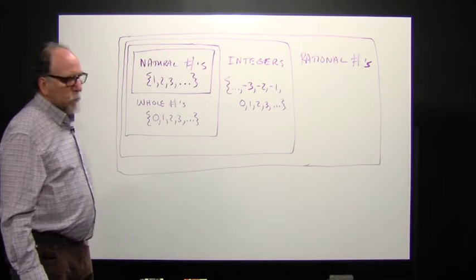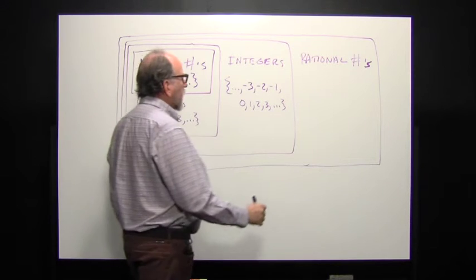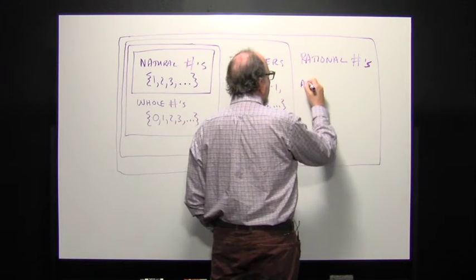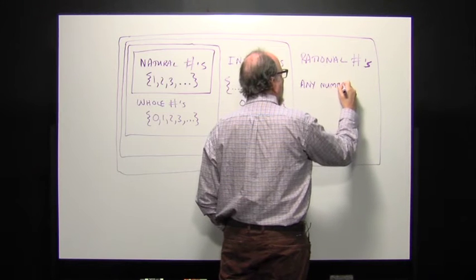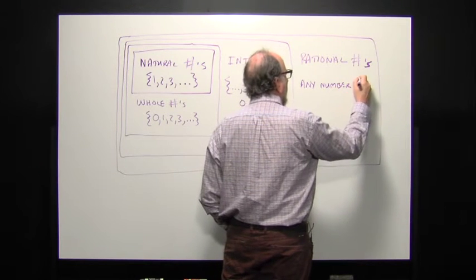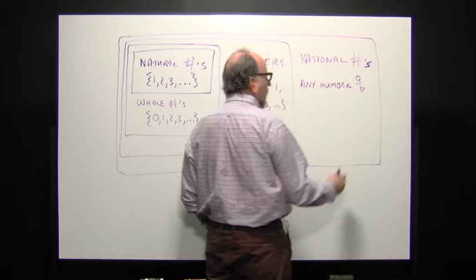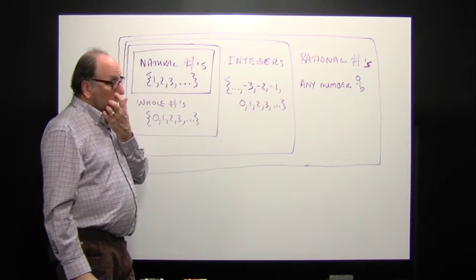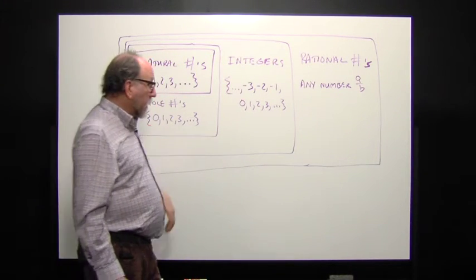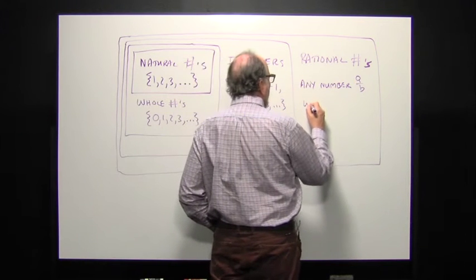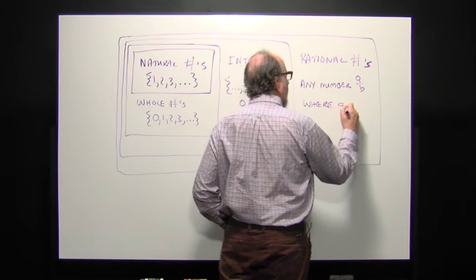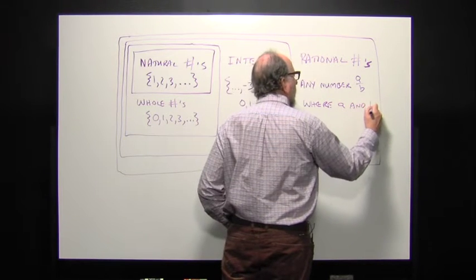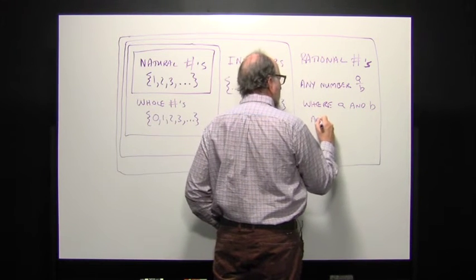Okay, rational numbers are described as any number A over B, or looks like a fraction, where A and B are integers.